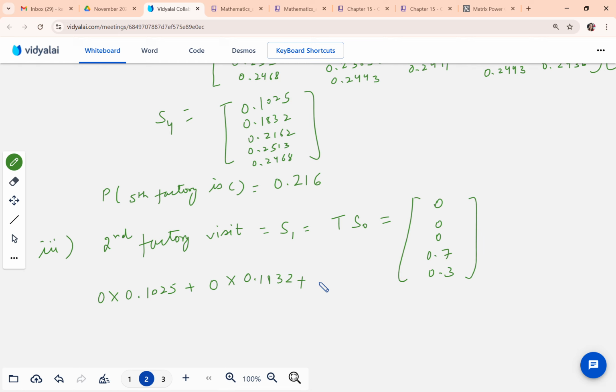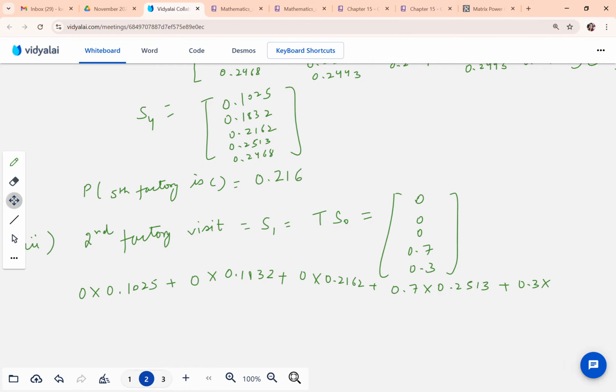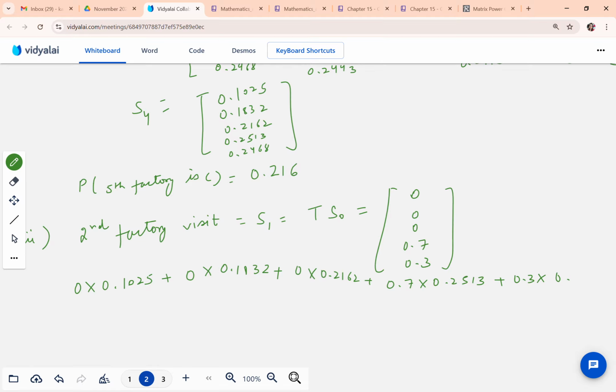For ABC it will be 0, then 0 times 0.2162 plus 0.7 times 0.2513 plus 0.3 times 0.2468. Okay, all these calculations you will be doing using the calculator, so you don't need to worry about it. Ultimately when you multiply, it will be 0.250.